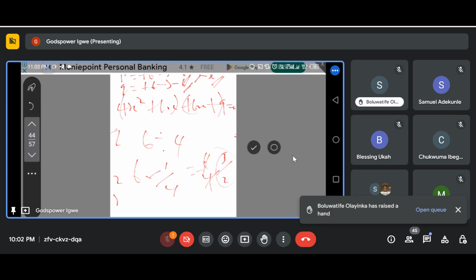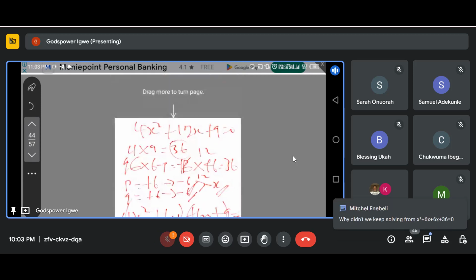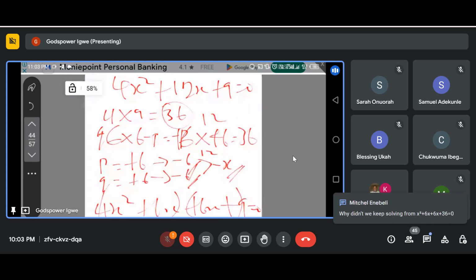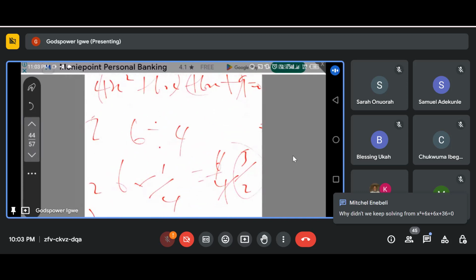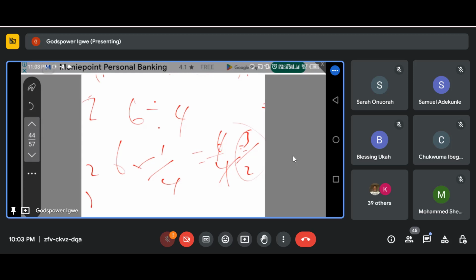When we got that 6, we did not turn it into, because we were dealing with, remember we were dealing with 4 times 9. So we're supposed to turn this back to minus. So it can either be this or this. Still the same thing. They'll still give you the same answer. But it's not supposed to, because what they asked us is x and not 4x. So this is supposed to be minus 3 over 2.